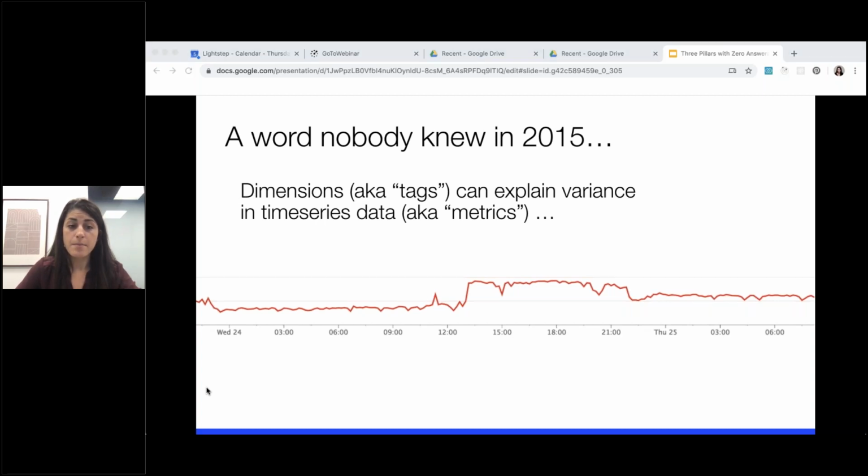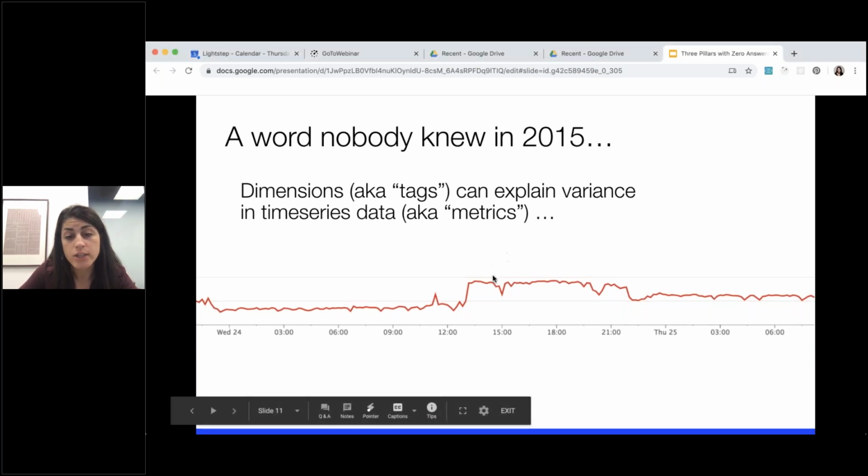So here you have an example of a time series or a metric, and this is a real example from one of Lightstep's internal systems. And it's pretty obvious that an anomaly happened around 1 p.m. So you can see that spike around 1 p.m. And the question here is, what happened at 1 p.m.? Why is there an anomaly at this time?